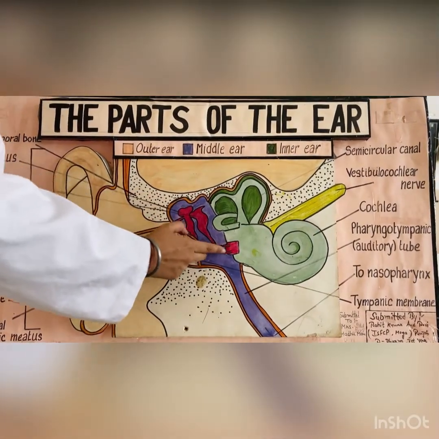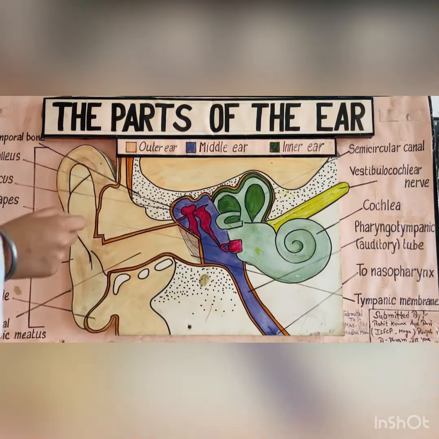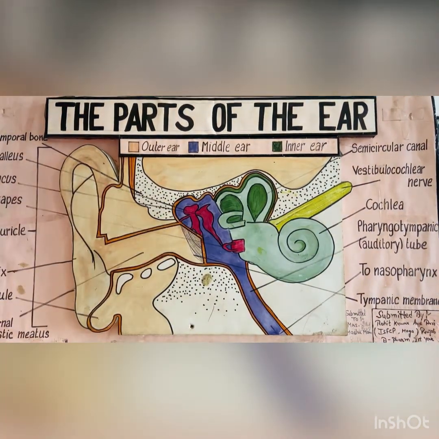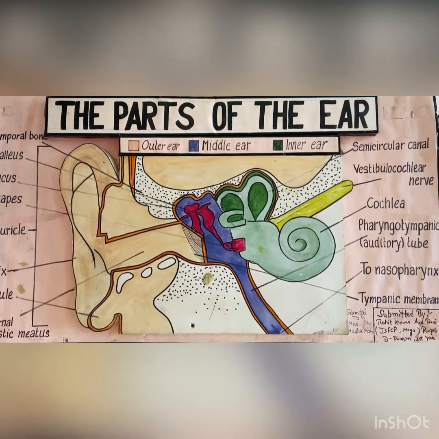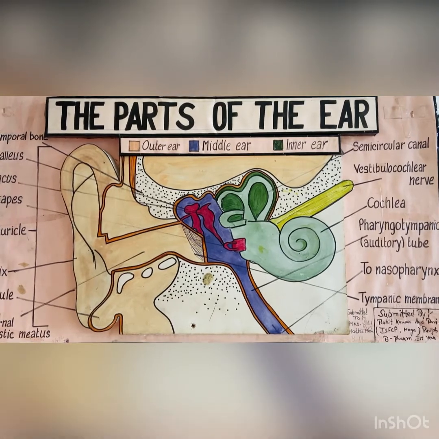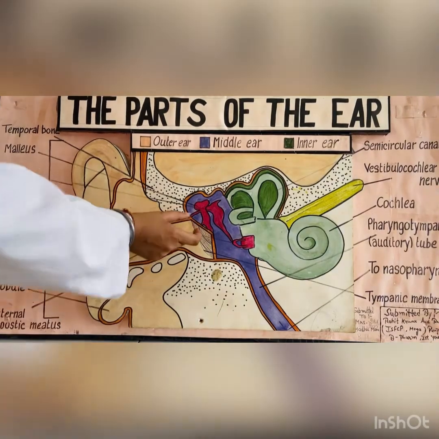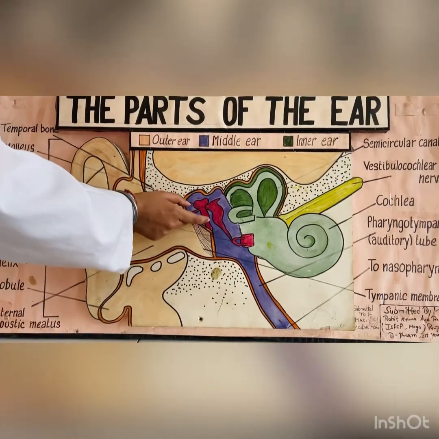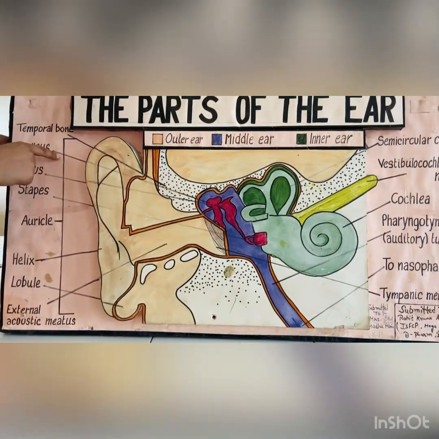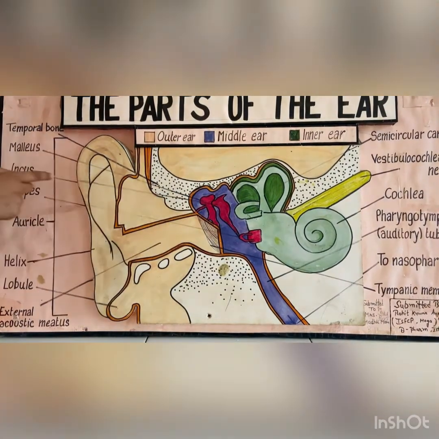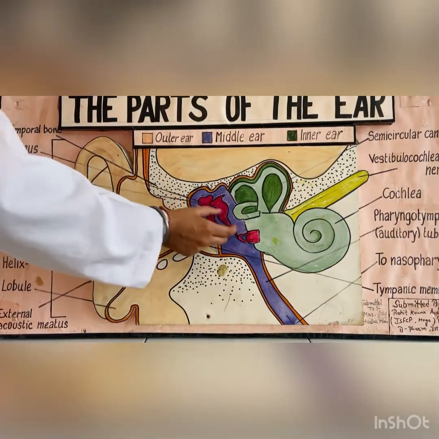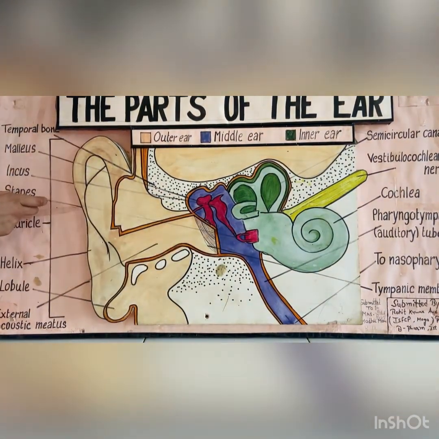Next are the auditory ossicles. The auditory ossicles are also known as the ear bones. These are very short bones, a few millimeters in size. The first one is the malleus, second is the incus, and third is the stapes.